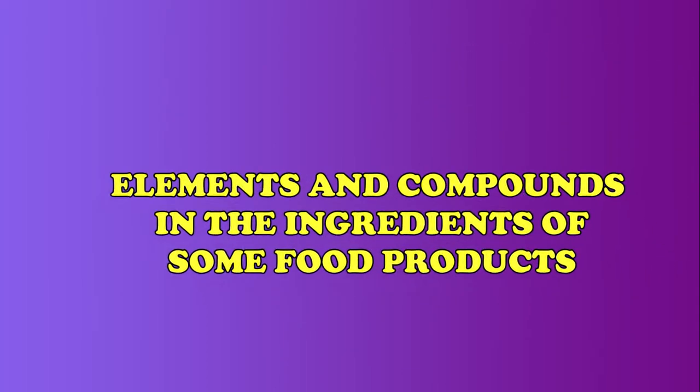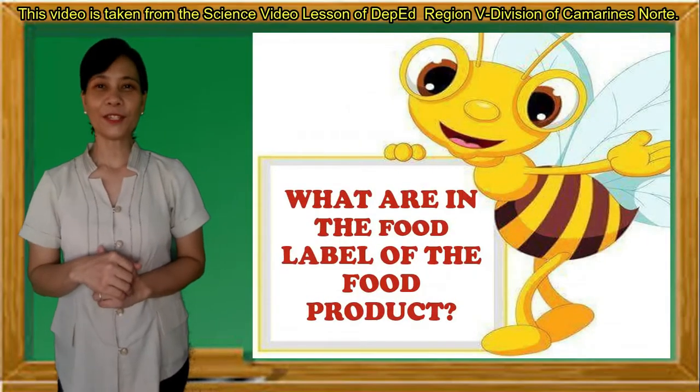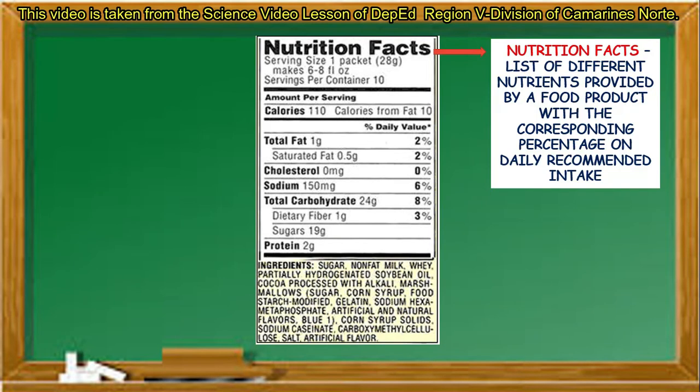Elements and compounds in the ingredients of some food products. What is in the food label of a food product? Nutrition facts: a list of different nutrients provided by a food product with a corresponding percentage of daily recommended intake.